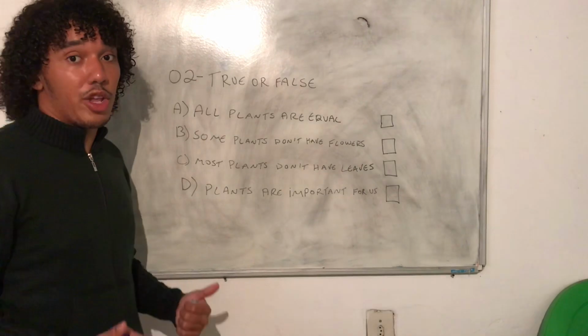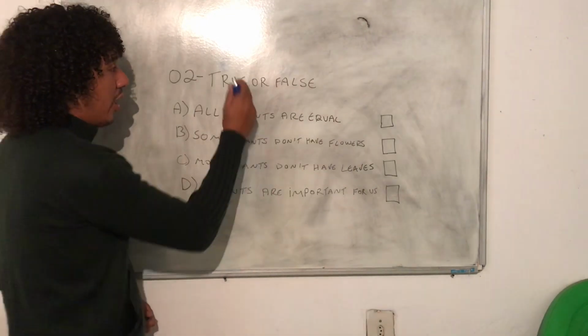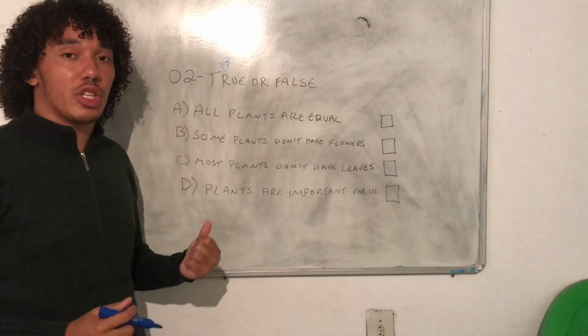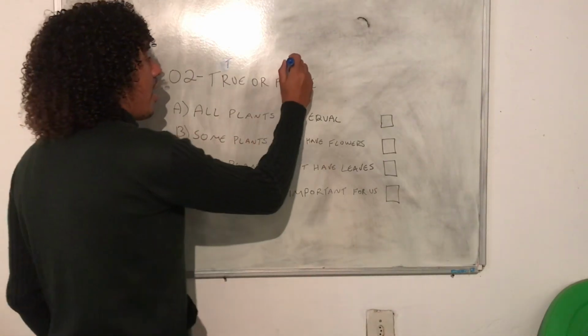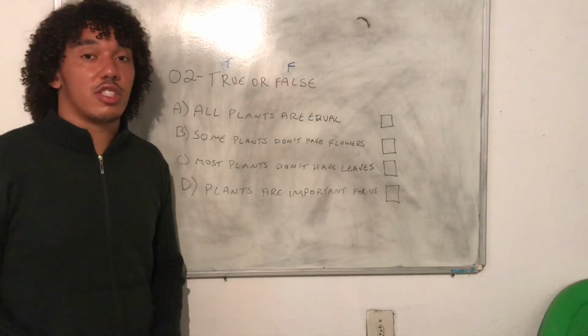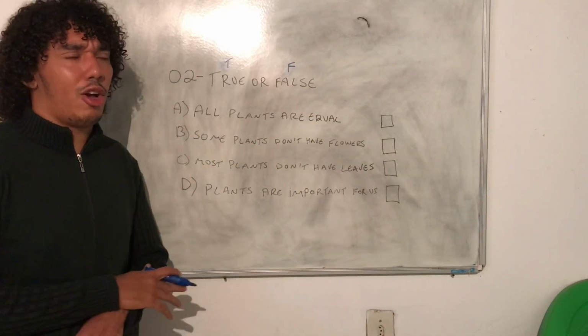As you guys already know, we have to check a T if the information is true, and an F if the information is false.